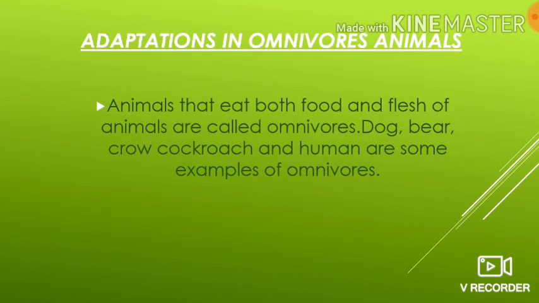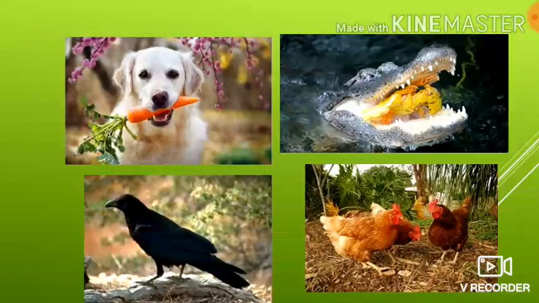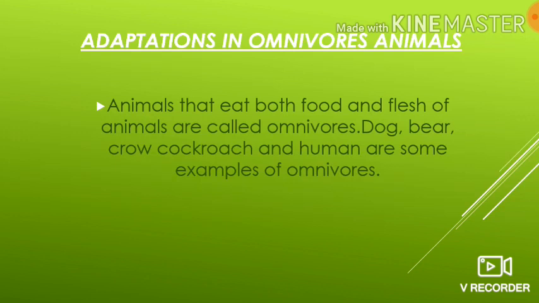And the next topic is adaptations in omnivorous animals. In this topic, animals that eat both plant food and flesh of animals are called omnivores.